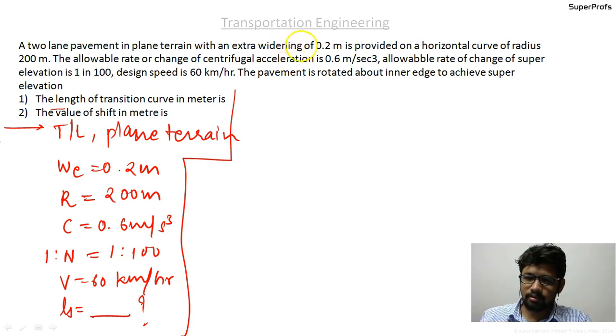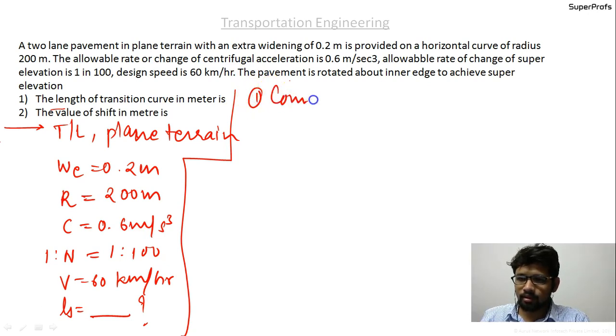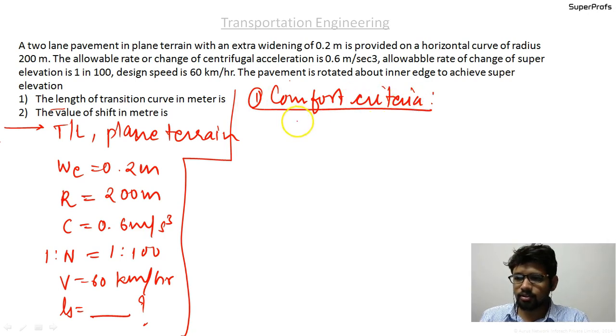So the first criterion in design of transition curves is the centrifugal comfort criteria. C is directly given, therefore L is equal to V cube upon CR.